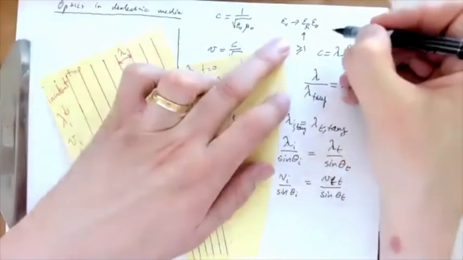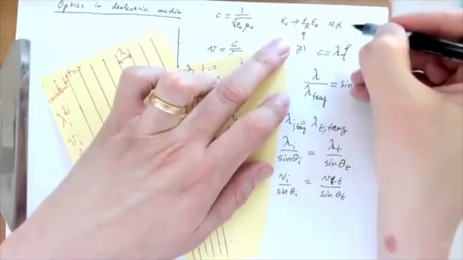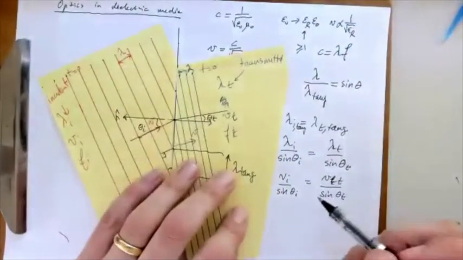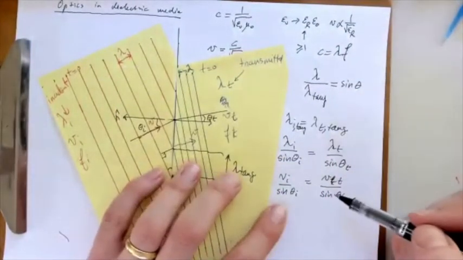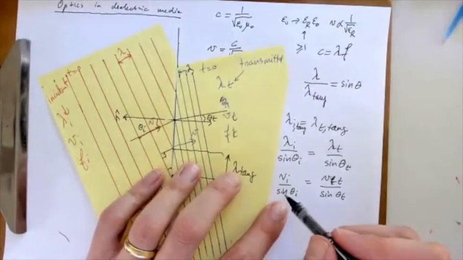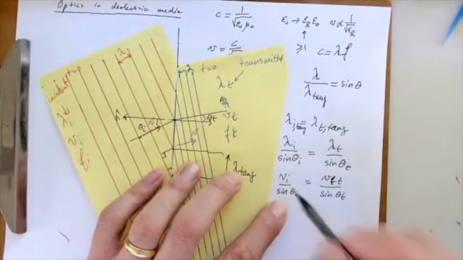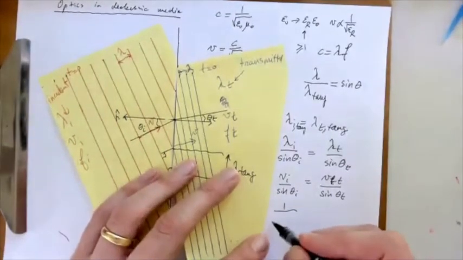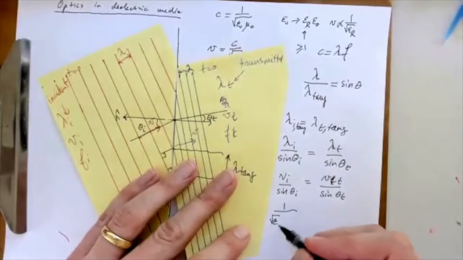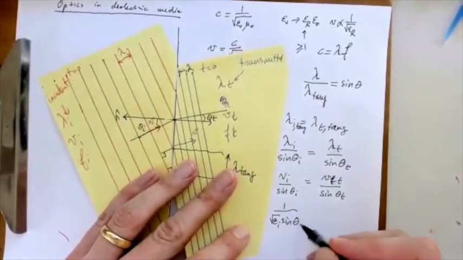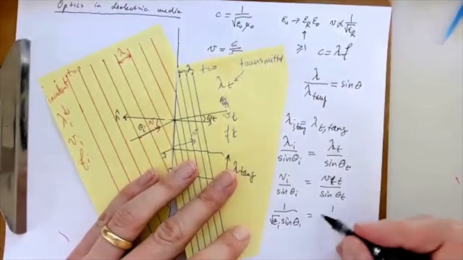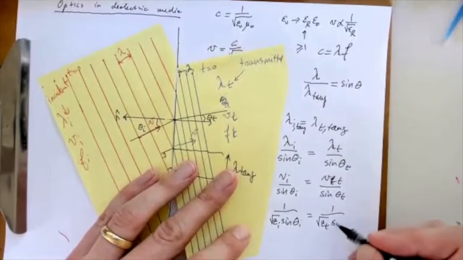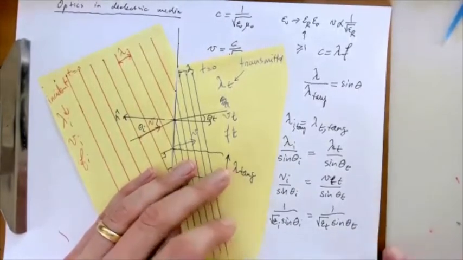Because V is proportional to 1 over the square root of the relative dielectric constant, I can rewrite this as 1 over square root of epsilon i sine theta i equals 1 over square root of epsilon t sine theta t.